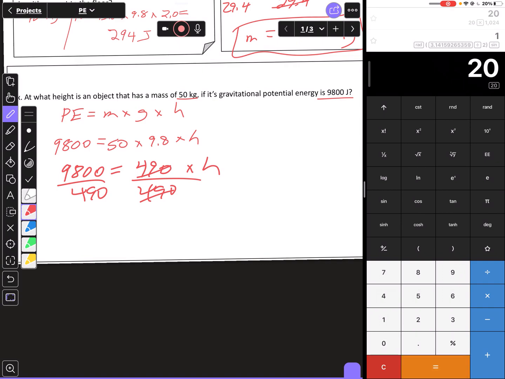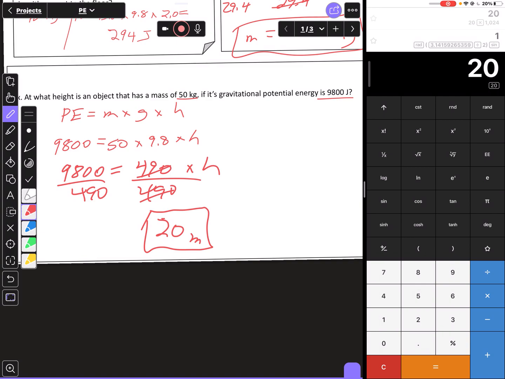So that gives me an answer of 20. And my units for height are going to be meters. So that would have been my answer.